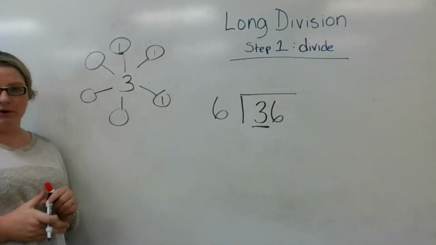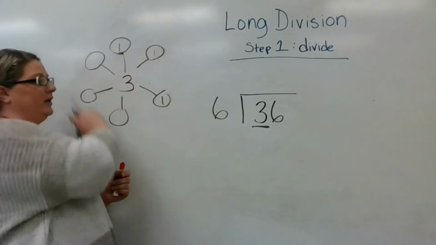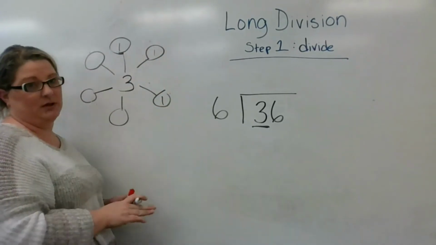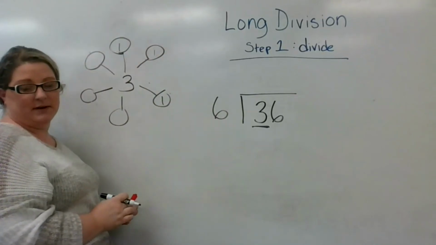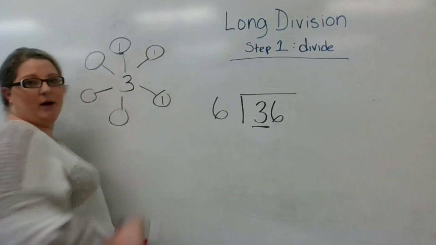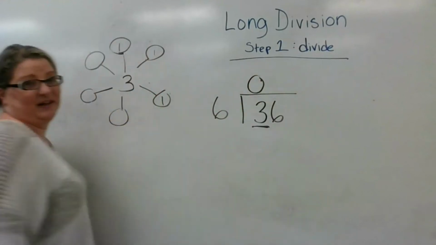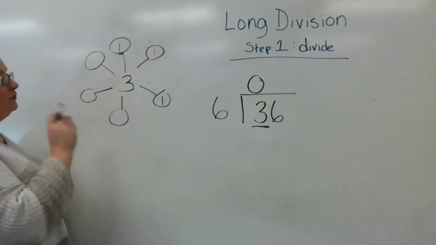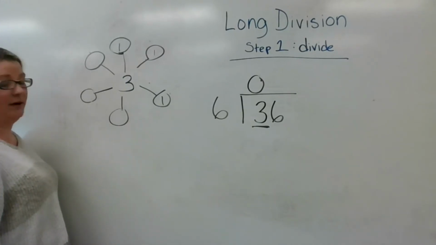How many equal groups did I make? Can I fill in all of these equal groups? That's the question. Are they equal? No. If you don't have enough to fill up all of your bubbles, then you can't put anything. So you made no equal groups out of 3.